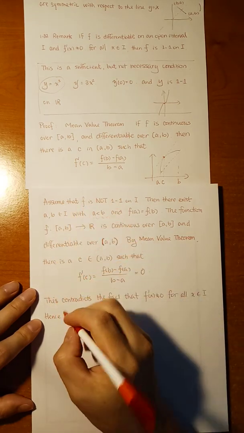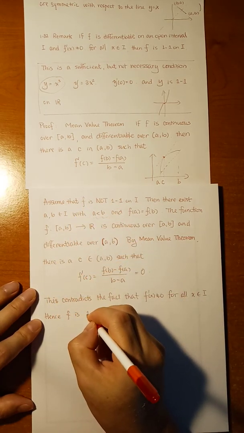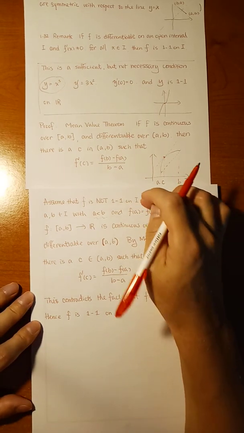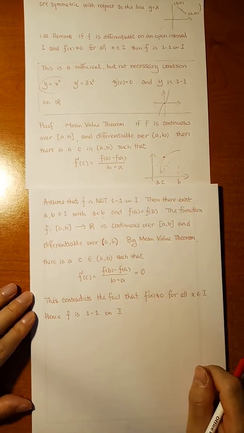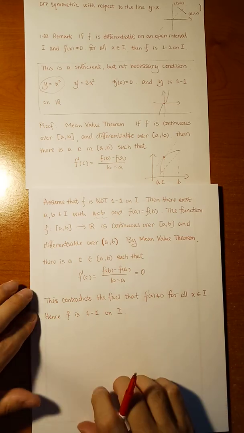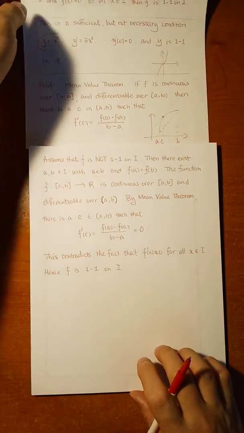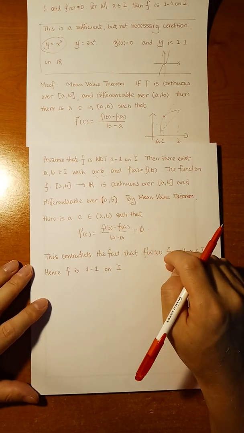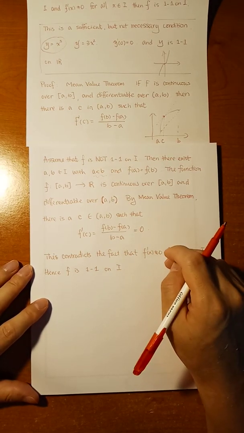Hence your assumption is wrong. Hence f is 1 to 1 on the open interval I. Because you have this assumption, you get this contradiction, right? Okay, so we prove it.